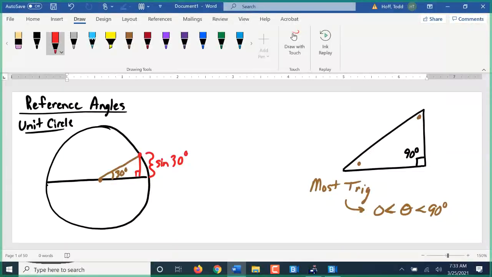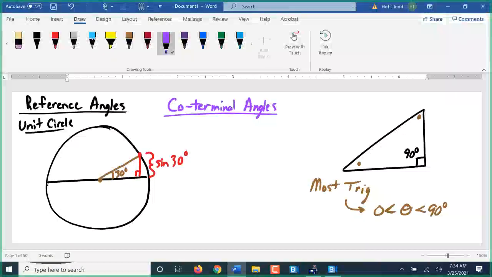First is what we call coterminal angles. Coterminal angles are angles that have their terminal side on the same spot. Obviously, we have the terminal side here for 30 degrees right there. But we could go all the way around the circle and back there and have the same terminal side. That would be 360 degrees, a full turn, plus the additional 30 to get back to where we're at, 390 degrees.